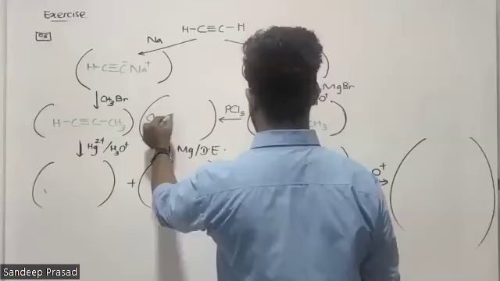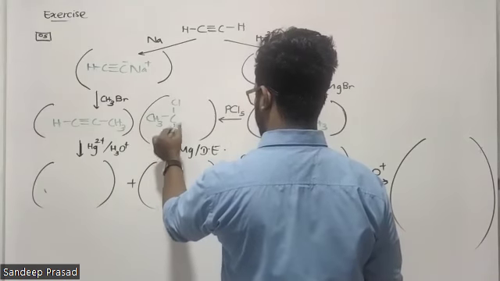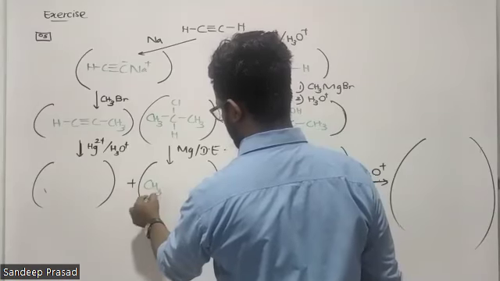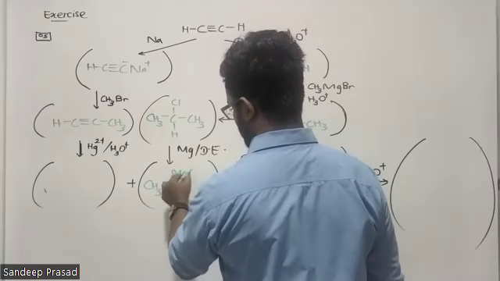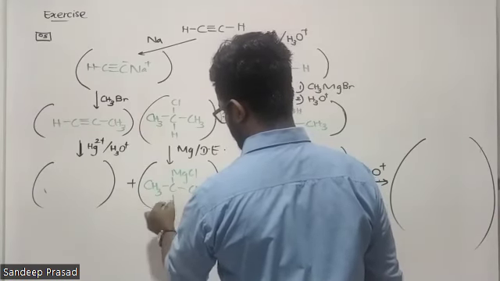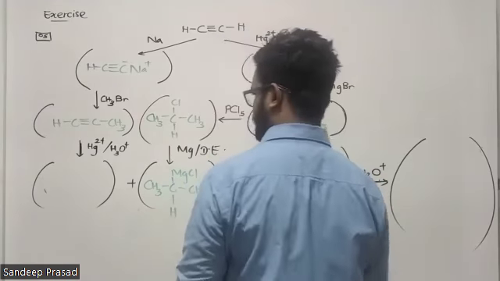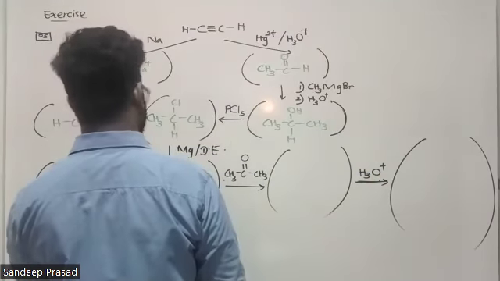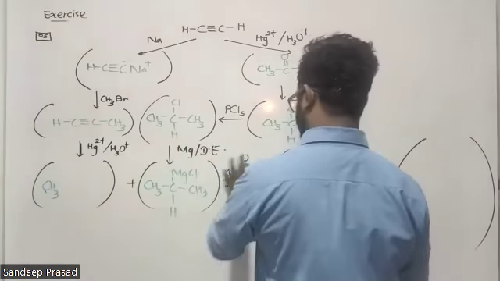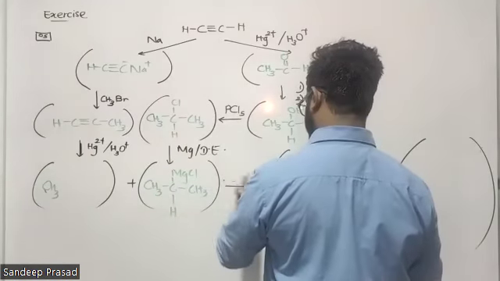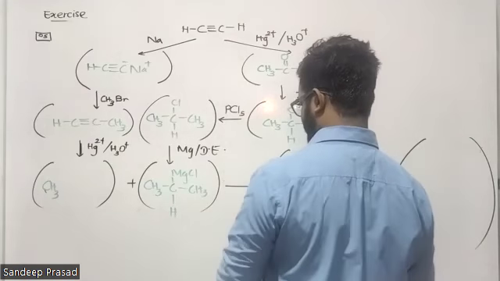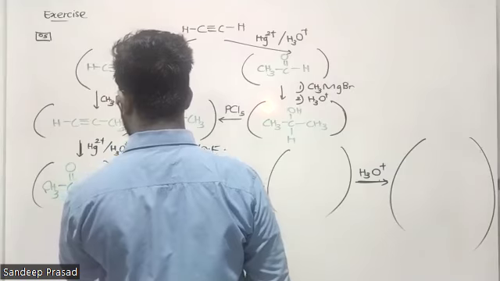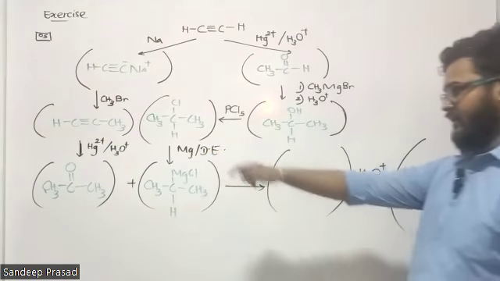PCl5 is added, therefore CH3CHCl. Already here we have the acetone.